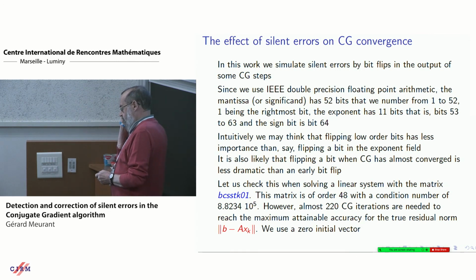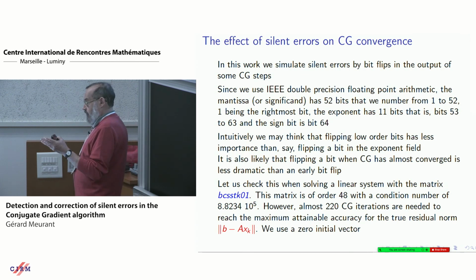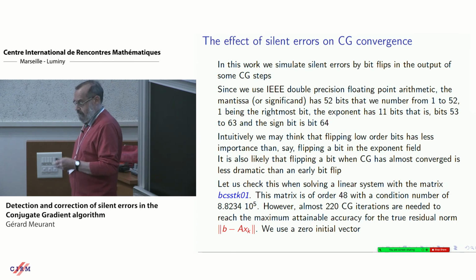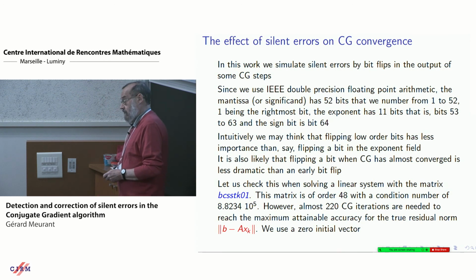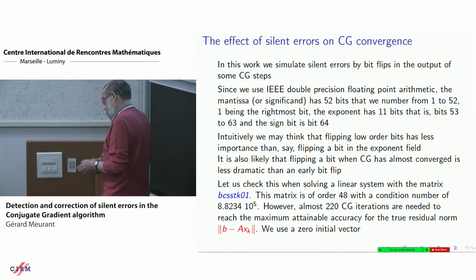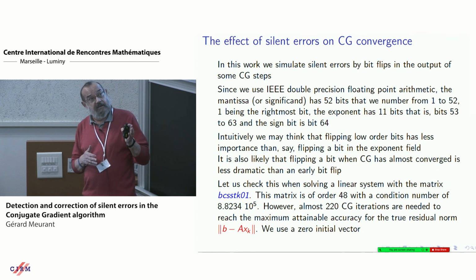Intuitively, you may think that flipping low order bits should be less important than flipping a bit in the exponent field, for instance, or in the sign. And it's also likely that if you flip a bit when CG has almost converged, this is probably less dramatic than if you have an early bit flip.